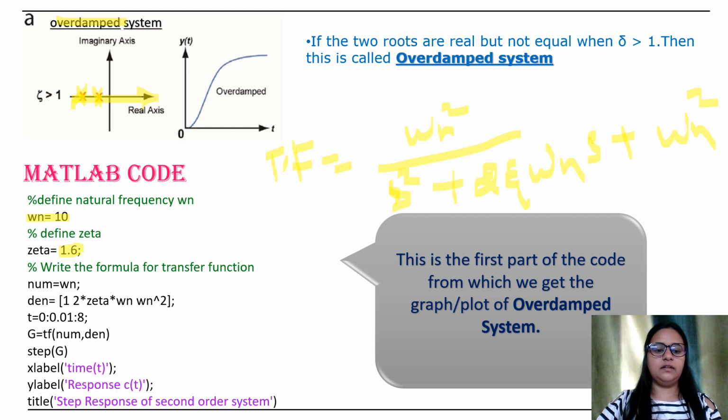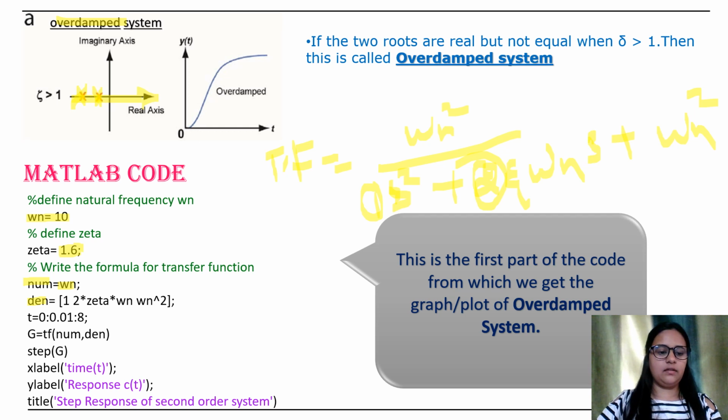Now we write the formula of the transfer function. For the numerator we write omega_n squared, and for the denominator we define a row matrix with the coefficients 1 and 2.